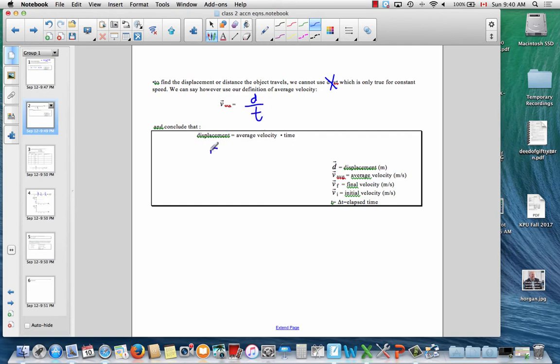And we can just cross multiply and say, okay, displacement's average velocity times time. And then it turns out that average velocity when we're accelerating is the sum of the initial and final over 2, again, multiplied by the elapsed time. Sorry, I should have a delta t here. Okay, so that's how to calculate velocities and displacements when we're accelerating.